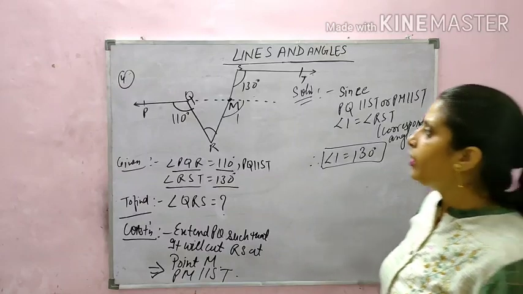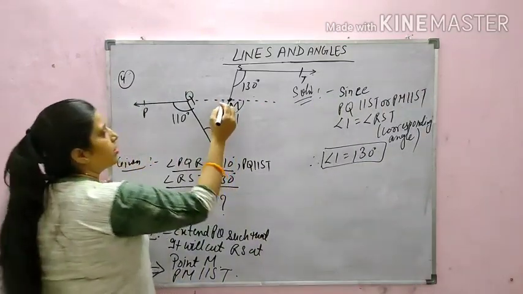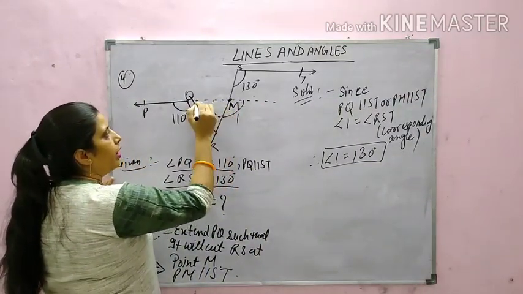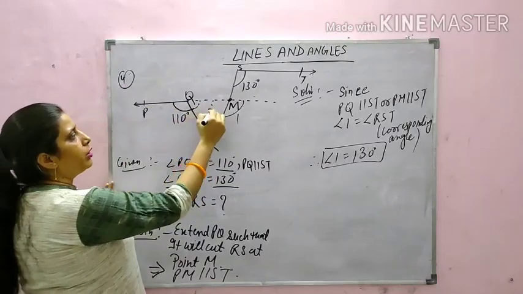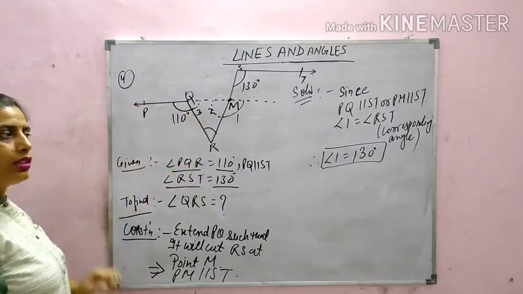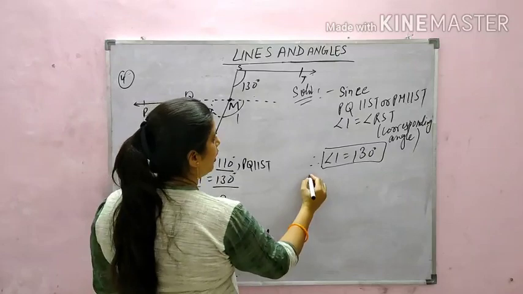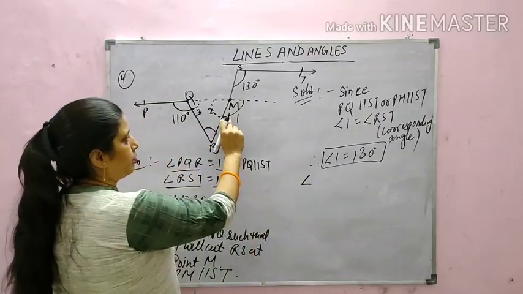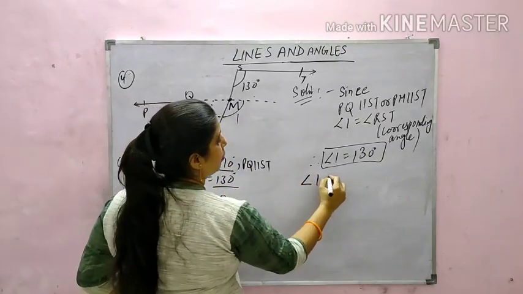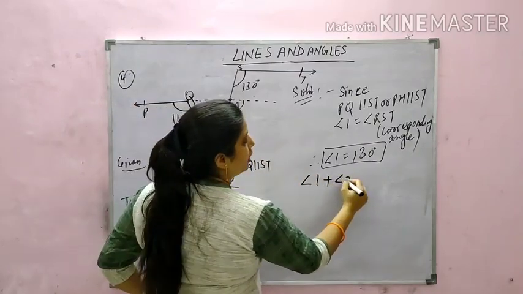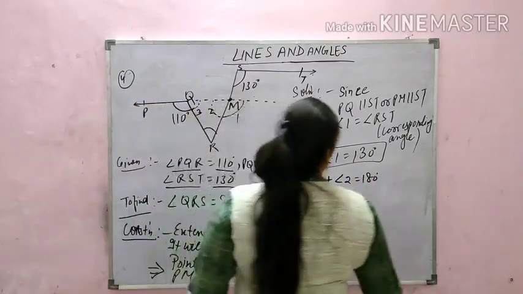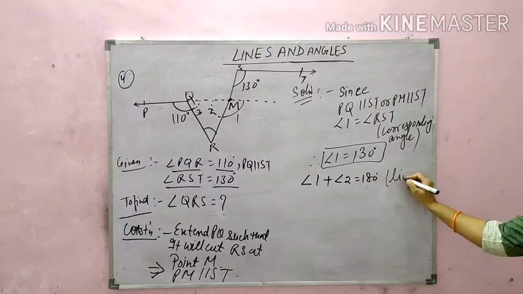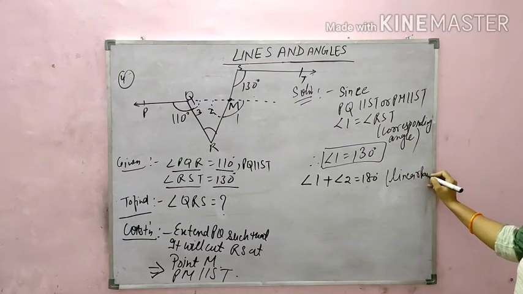Now we will find this angle and this angle, 2 and 3. Clear? How? Angle 1 plus angle 2 equals 180 degrees, which makes a linear pair.